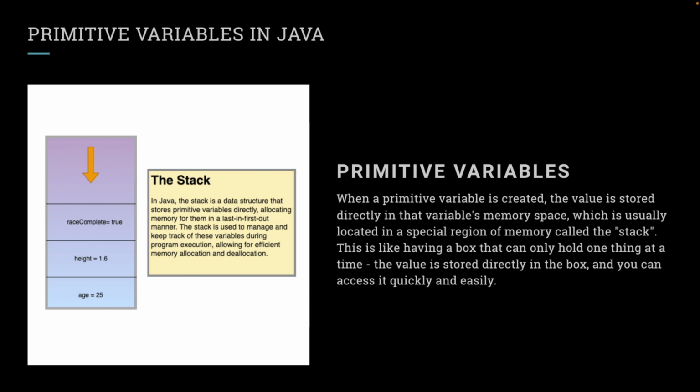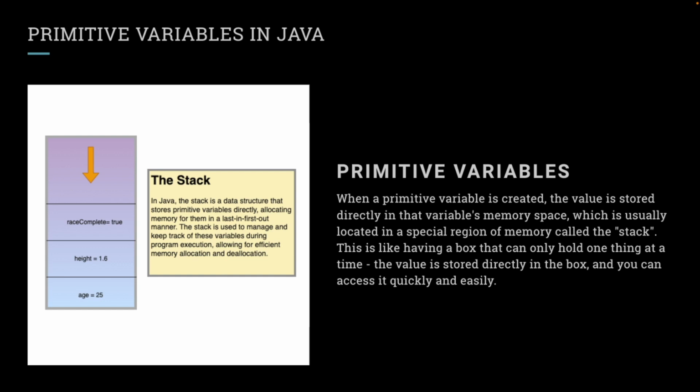I have this chart, or diagram and example, over here. You can think of this stack as a stack of boxes or a stack of cards, where you usually pick from the top of the stack of boxes or the top of the deck.